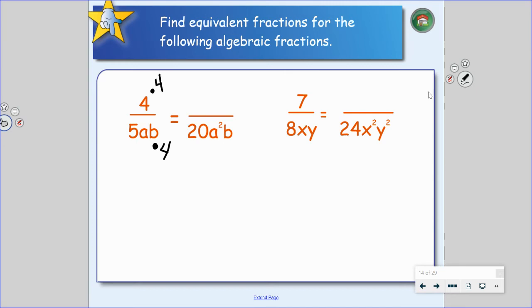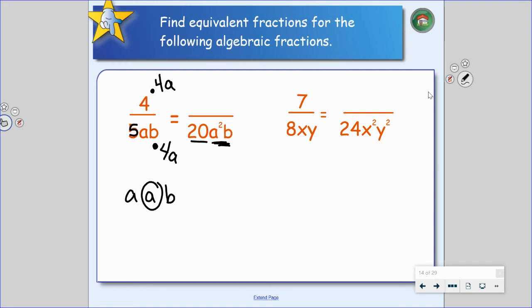But that is not good enough, because we also have to change AB to get A squared B, which I guess means we need to multiply by another A and be fair to the numerator. So just to review, 5 times 4 would give us 20.